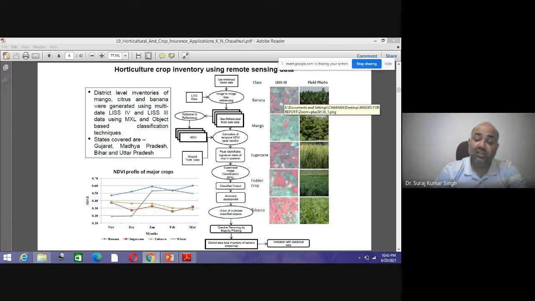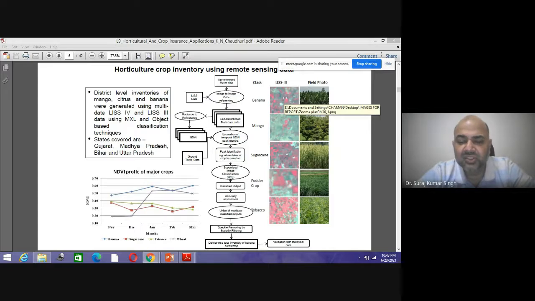So for that, accuracy assessment is an important tool that has to be performed in each and every image-based classification method. And finally, we'll be correlating our supervised classification technique with the NDVI to see the total amount of any particular kind of vegetation.